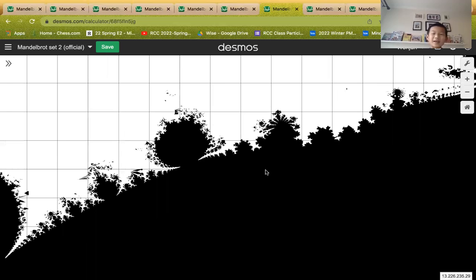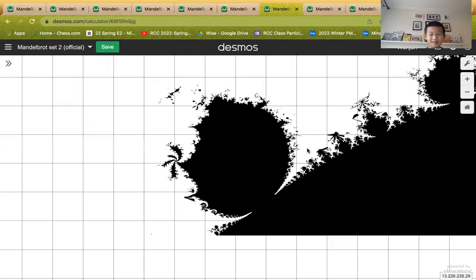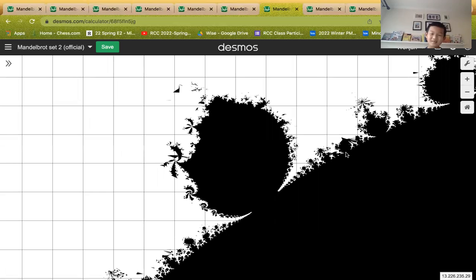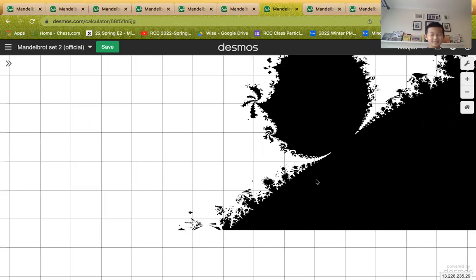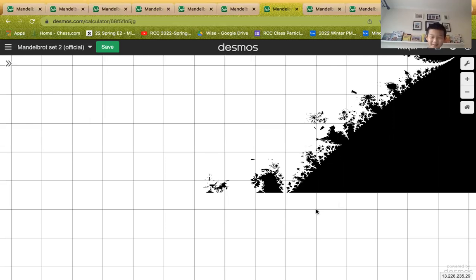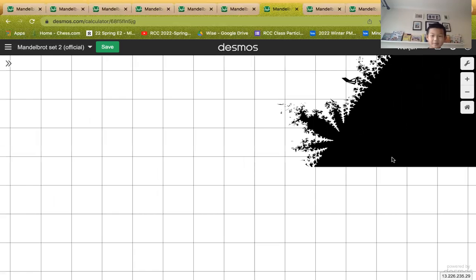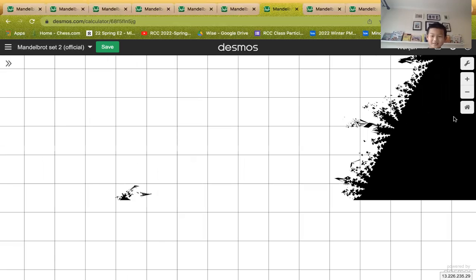It looks like someone has eaten the Mandelbrot set and wants to bring it back. It definitely looks like someone has eaten the Mandelbrot set. And far from here, the bulbs all look different.